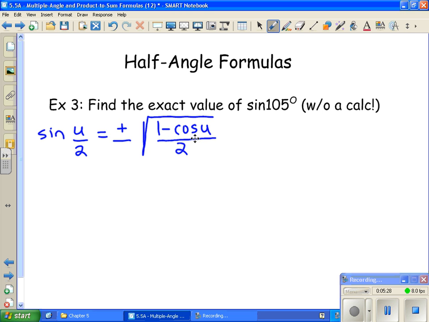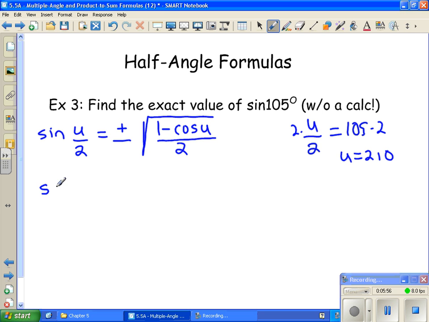And what you have to figure out is, what is my u going to be? Well, u over 2 is what you want. You're trying to find the sine of 105, so u over 2 has to equal 105. And so by multiplying both sides by 2, I get that u has to equal 210.